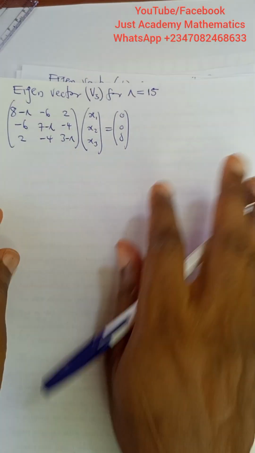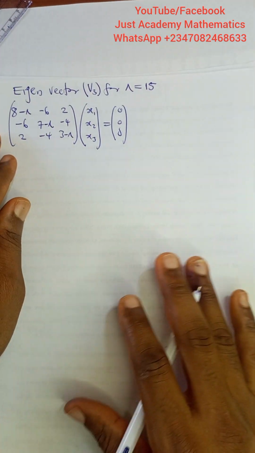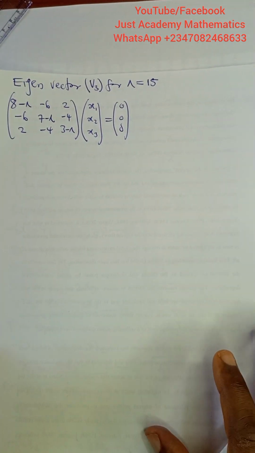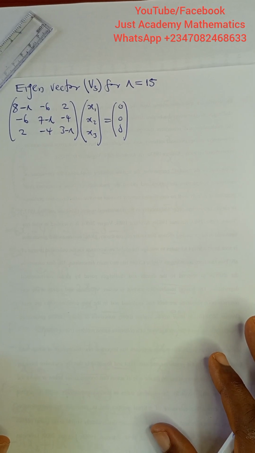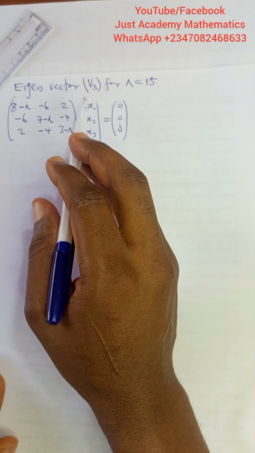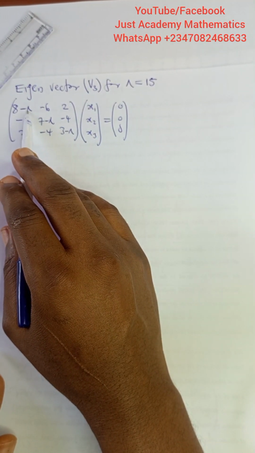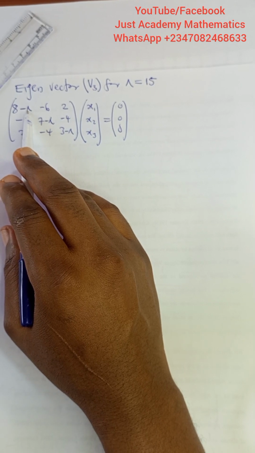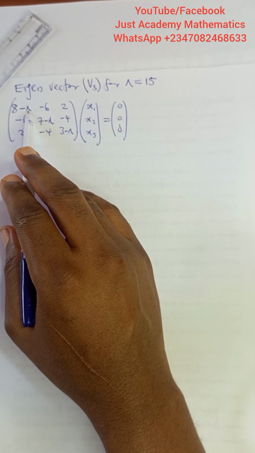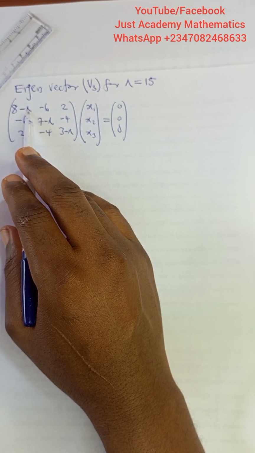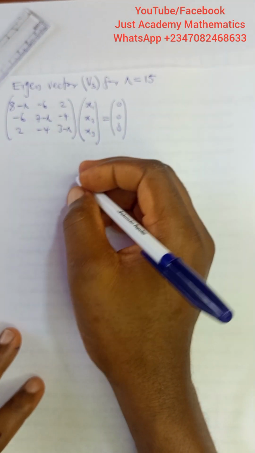Now we can proceed to find the corresponding vector when the eigenvalue is 15. So we are to substitute 15 here. If we put 15 in the place of lambda, 8 minus 15 will give us what? Minus 7.